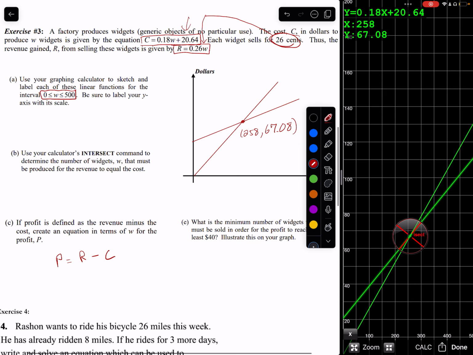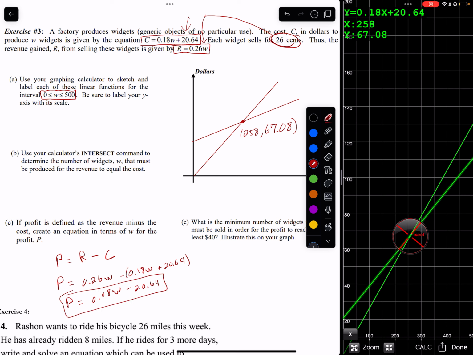If I were going to make that into one equation, I would say the profit is equal to the revenue, which is 0.26W, minus the cost, so minus (0.18W plus 20.64). If we're subtracting both of those values, we get P equal to 0.08W minus 20.64. So you're just combining two linear functions.